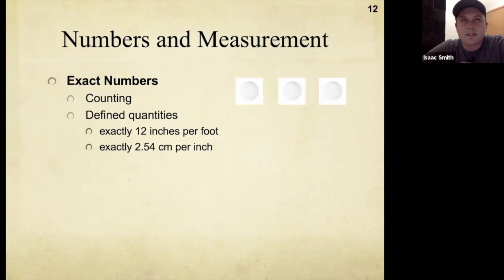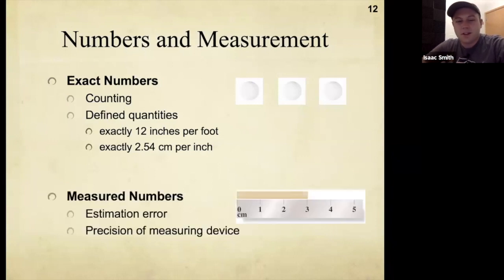Sometimes conversions between units are considered not to be exact, but in those cases, I'll tell you if it's exact or not. But when you're converting between centimeters and inches, it has been defined as 2.54 centimeters equals 1 inch. So anyway, when it's defined, then you can say it's exact.